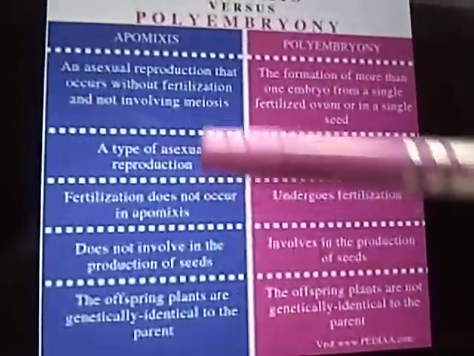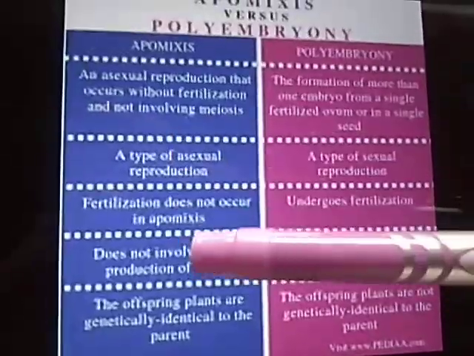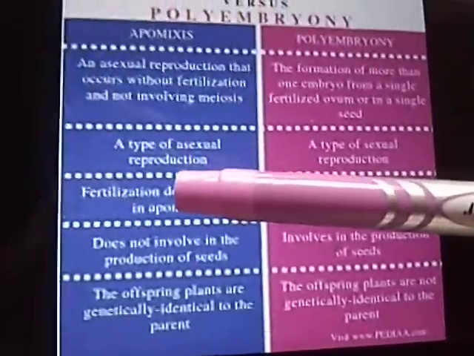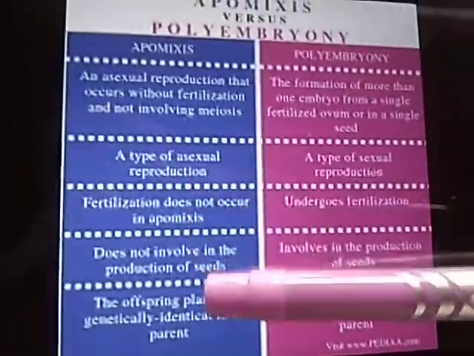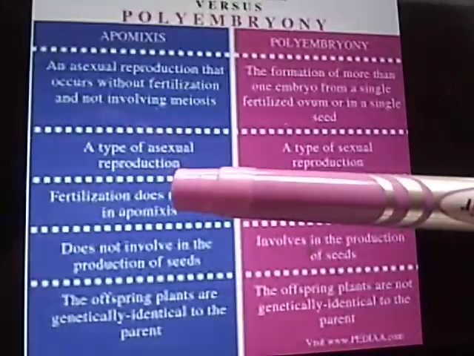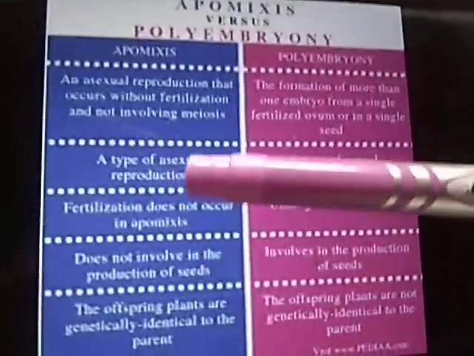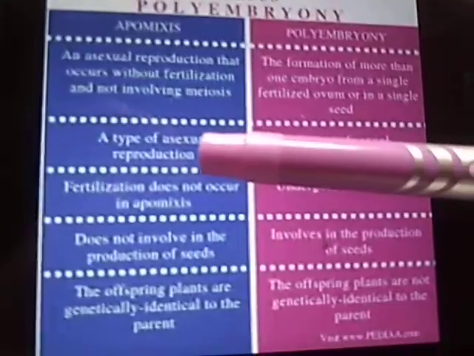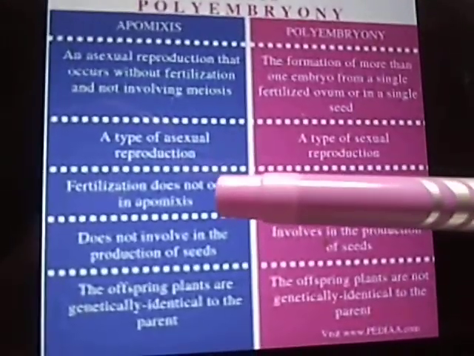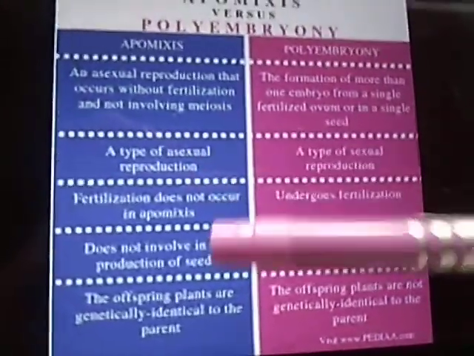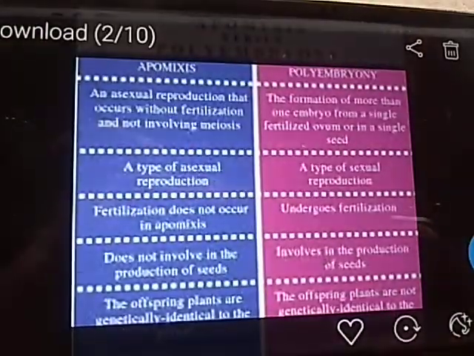So to maintain the hybrid characteristics of the seeds, apomixis is very beneficial in agriculture to produce seeds. And if it is possible to produce the seeds by apomixis, then every year the farmers do not have to purchase hybrid seeds, because the hybrid characters will be maintained by this apomixis process.